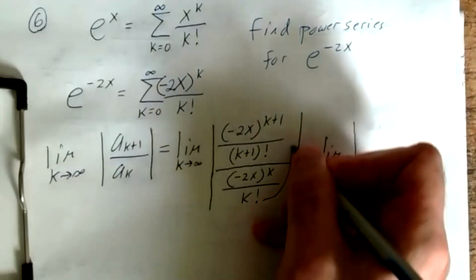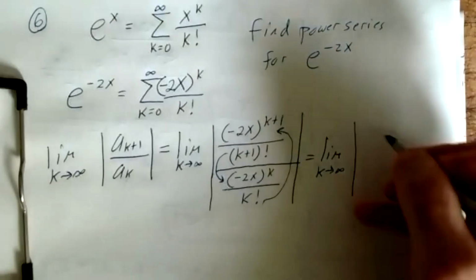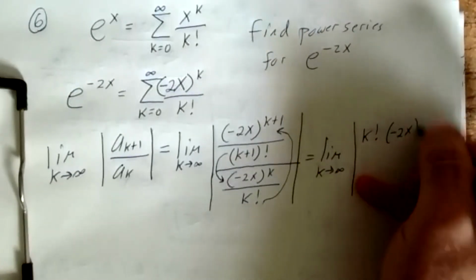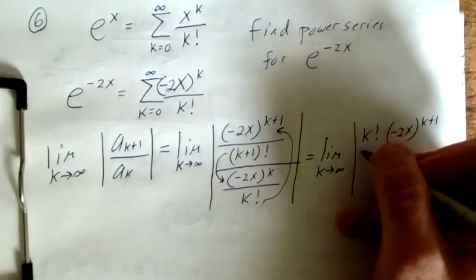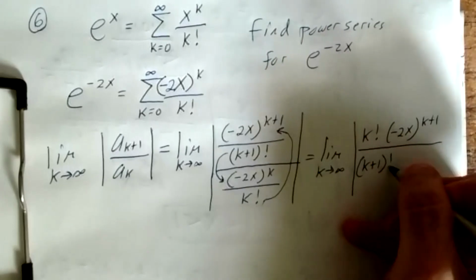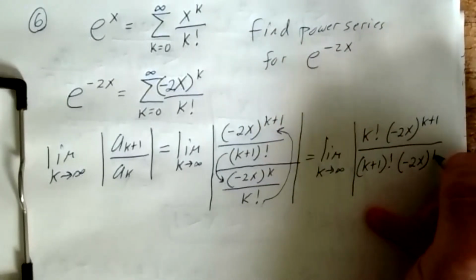This k factorial comes up and joins this, and this will drop down and join this. So we're going to have k factorial times negative 2x to the k plus 1, and that sits over k plus 1 factorial times the negative 2x to the k power.